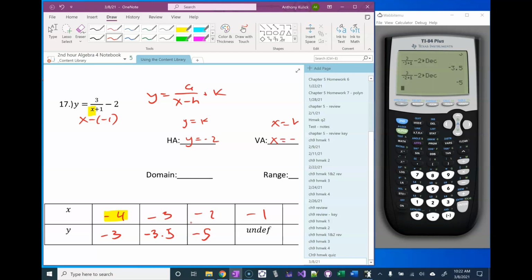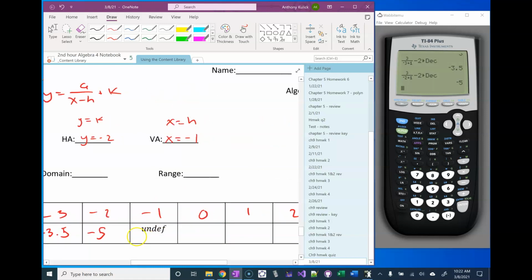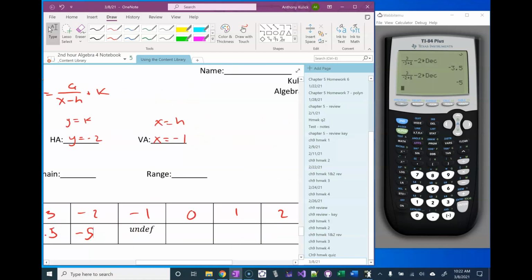I noticed that a lot of you guys are getting kooky looking graphs. Either you goofed up finding the vertical asymptote, or I think just as likely, we were inputting stuff into our calculator and not actually getting the correct y coordinate. Based on some of your pictures, it seemed like the asymptotes were in about the right place, but you had all kinds of gonzo looking points all over the place.